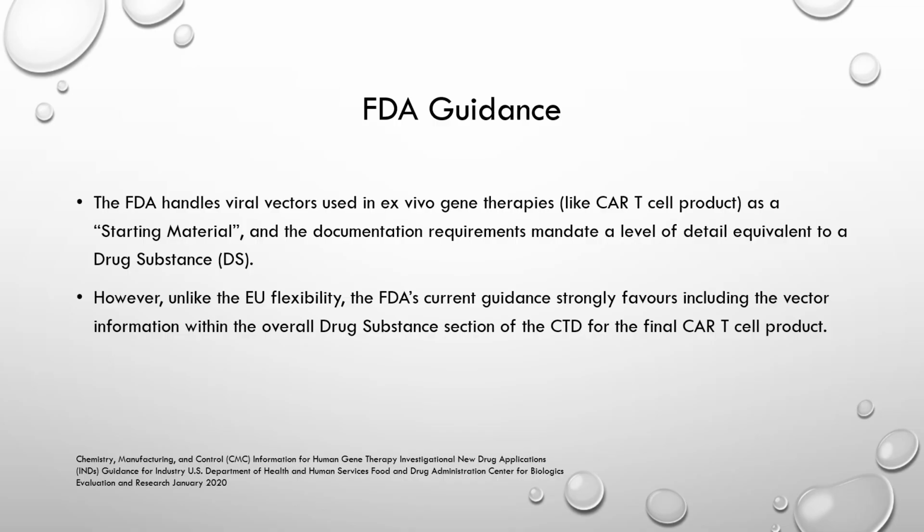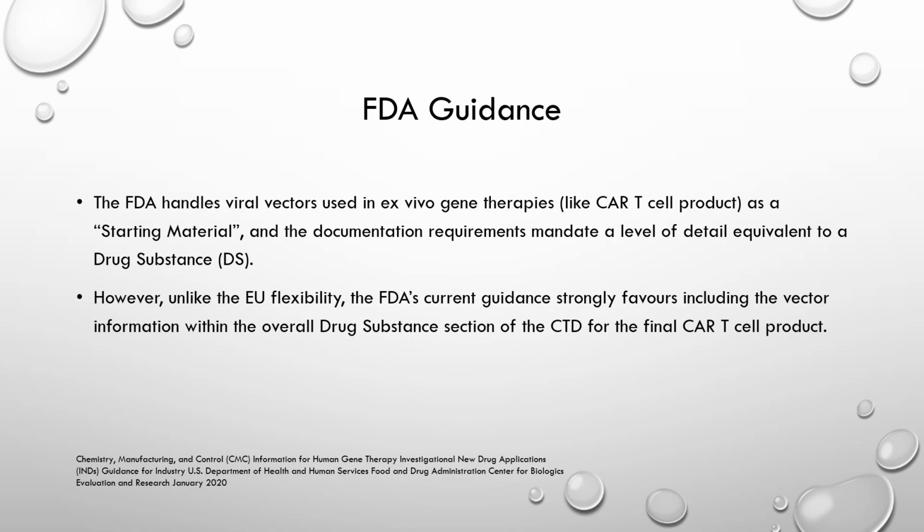Right. Now let's talk about the FDA guidance, because the FDA handles the viral vectors used for in vivo gene therapies as a starting material, but it's kind of integrated into the drug substance section as a whole.